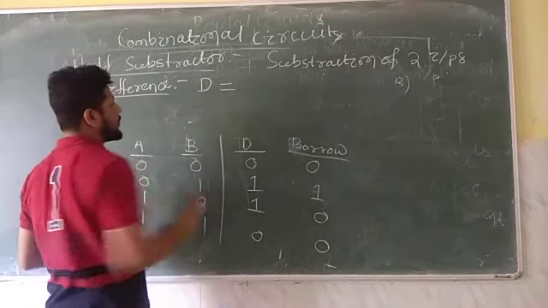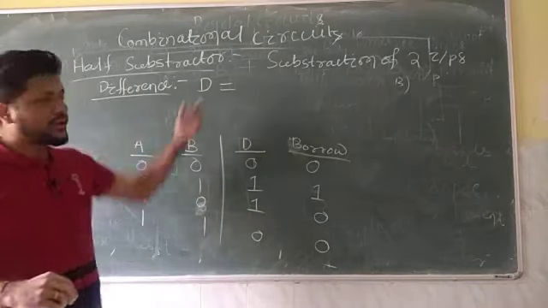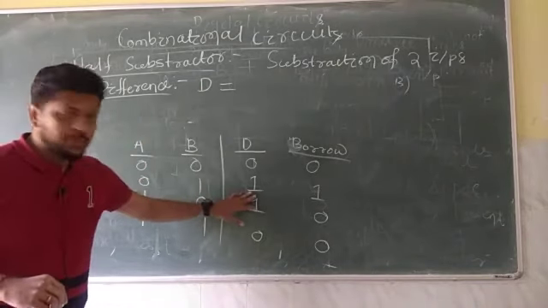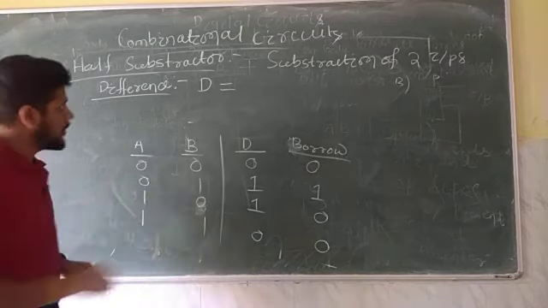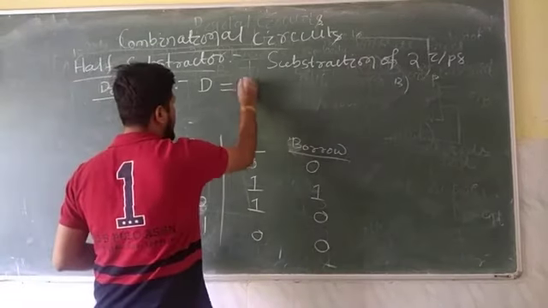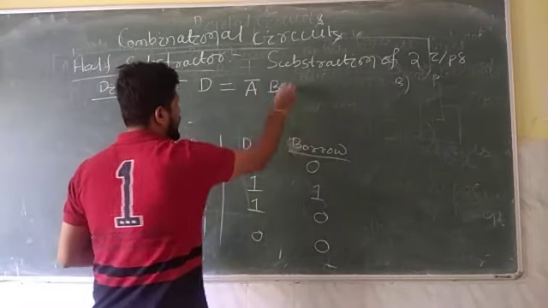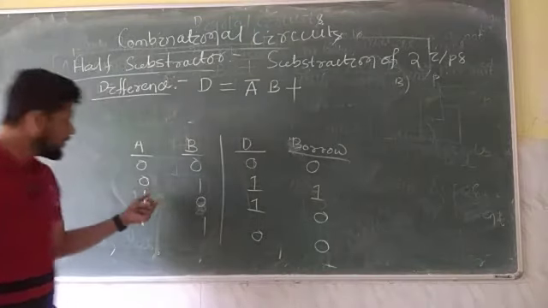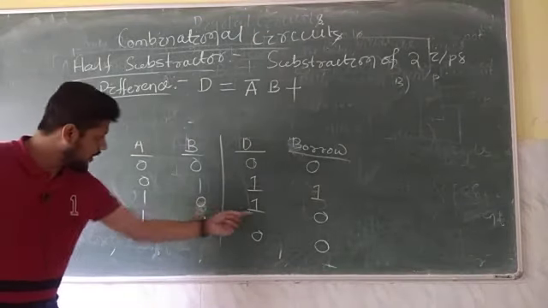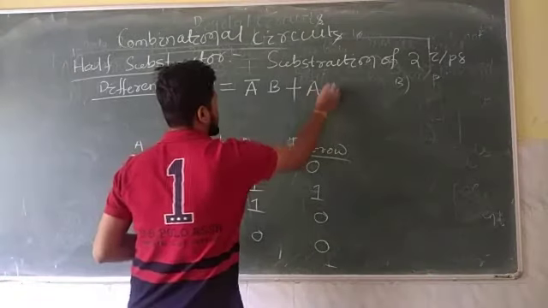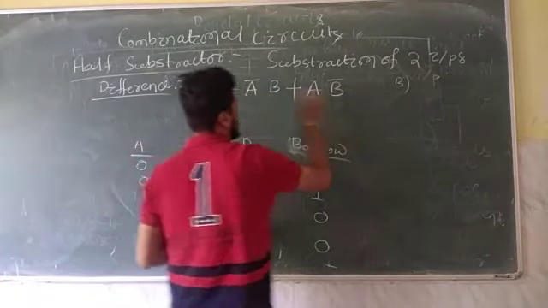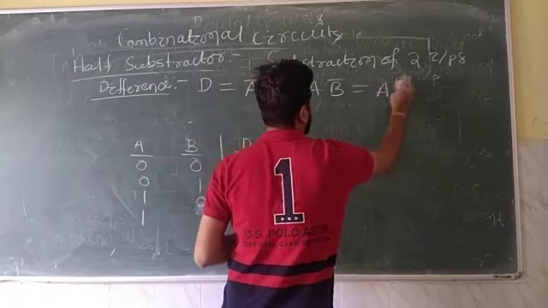The output is D, the difference. The output is 1 when A is 0, B is 1, which means A bar B, or the second combination when the output is 1, that is A is 1, B is 0. So we can write that A B bar.